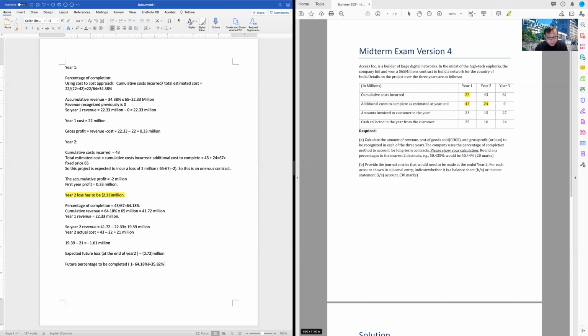Okay. So then the expected future loss equals this percentage times the total expected loss, which is 2 million. So that's what you get. You have 0.70164, right?